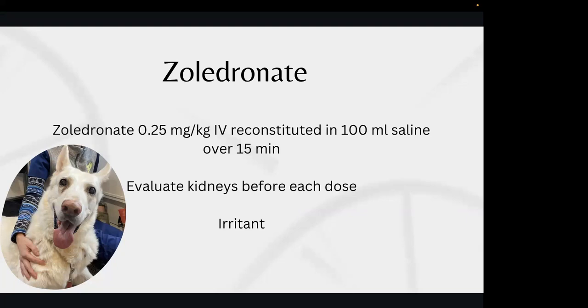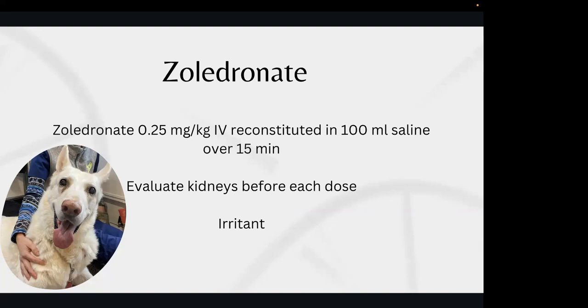So for any irritant, and especially for vesicants, I do not recommend putting them on a pump and putting them in a cage and walking away. I have my nurses sit with the patient the whole time, watching the infusion and making sure that we're not getting any leakage.